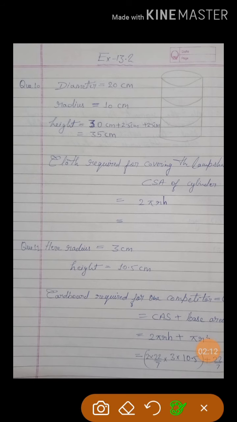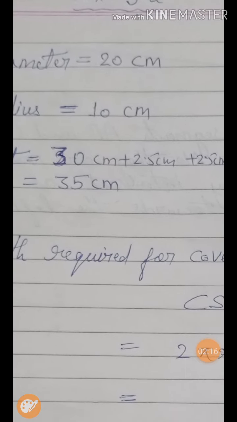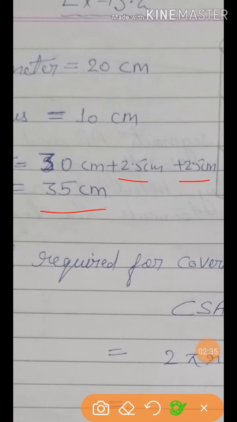You can see this 30 centimeter was the height given of the lampshade, plus 2.5 centimeter we shall add for the folding at the top, and 2.5 centimeter at the bottom. At the top and at the bottom 2.5 we are adding. So the new height will be 35 centimeter.